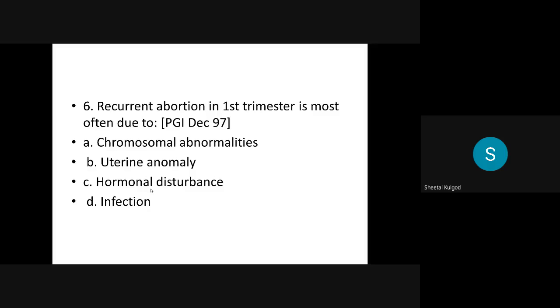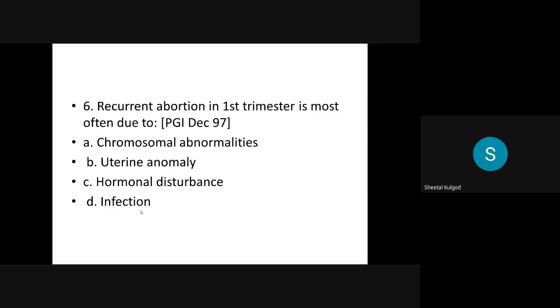Infection, the confusion can be between chromosomal abnormalities and infection. Remember, infections are just one-time causes of abortions, and recurrent abortions are unlikely with infection, because if the patient has got infected with any of the infections which would lead to abortion, then in the subsequent phase of life, she would have developed antibodies for such infection.